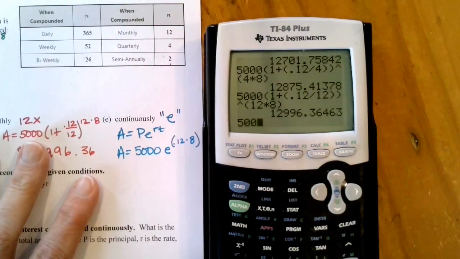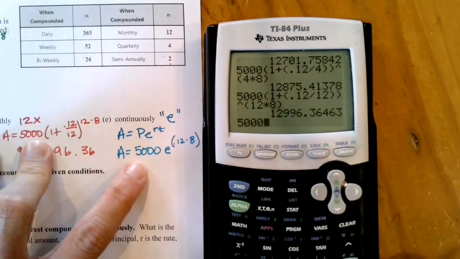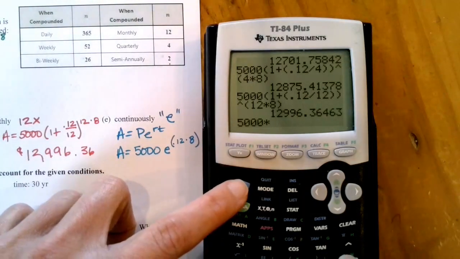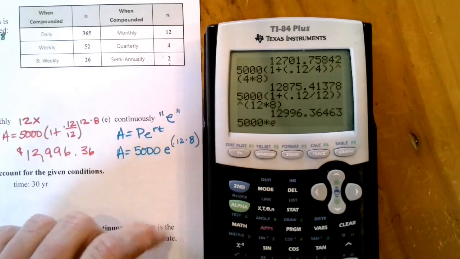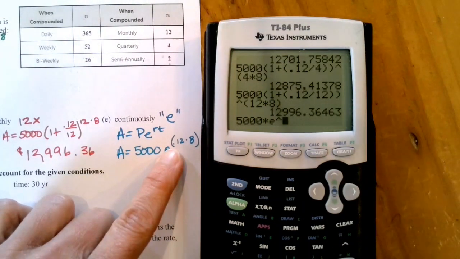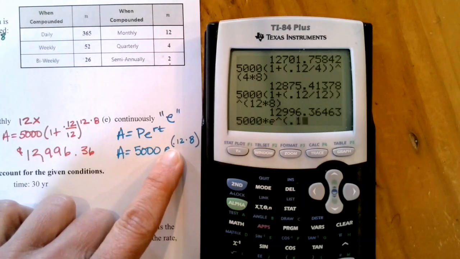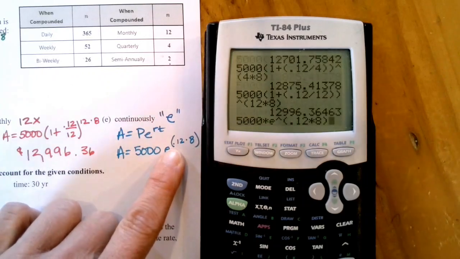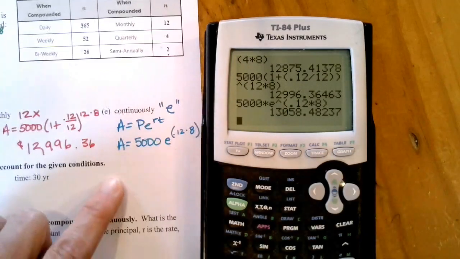My $5,000 is going to be multiplied by E. That's my second and my division symbol. And then that is going to be raised to, and remember you need your parentheses, 0.12 times 8. So now if I do it continuously, this is how much money.